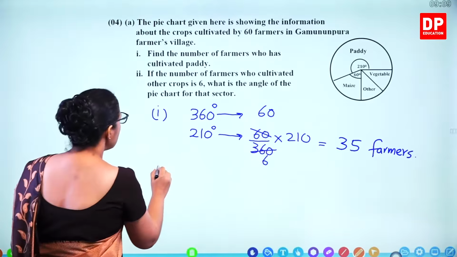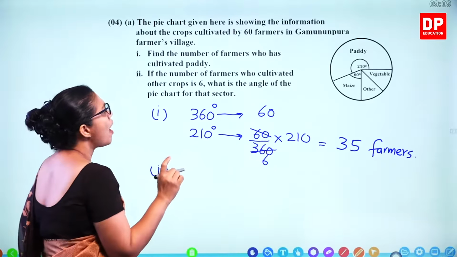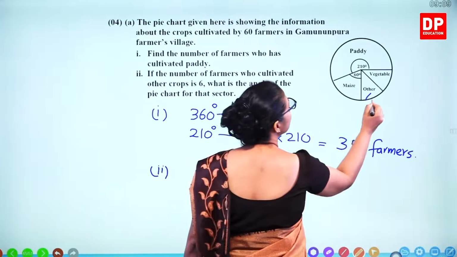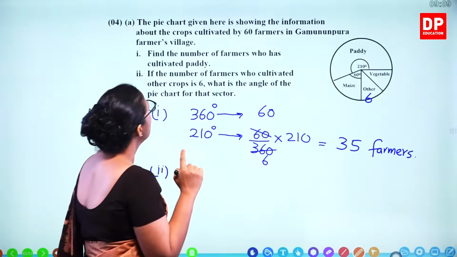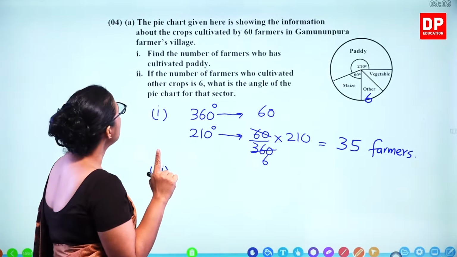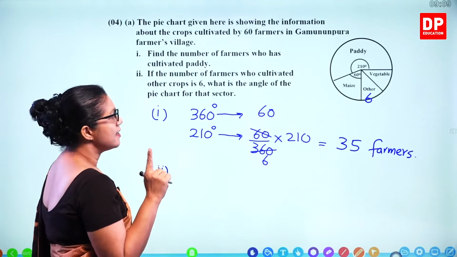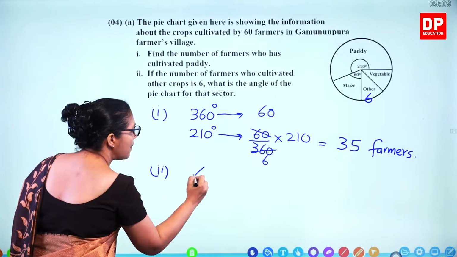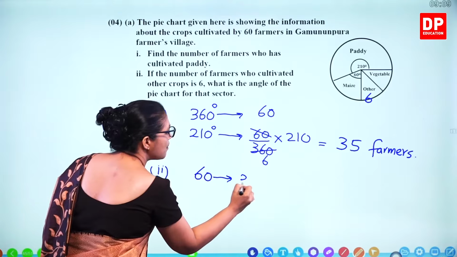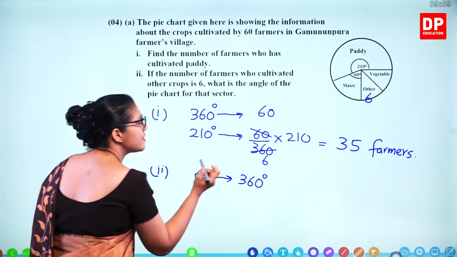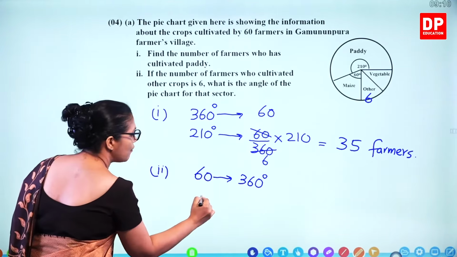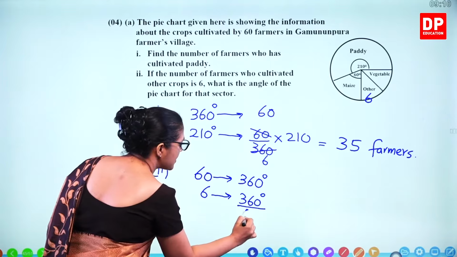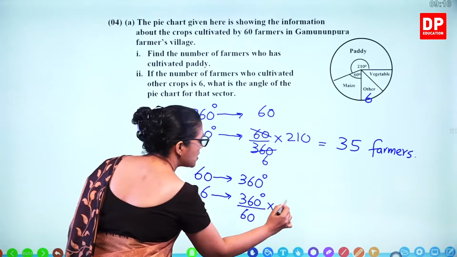Then the next part, it says, if the number of farmers who cultivated other crops is 6, what is the angle of the pie chart for that sector? So we have to do it the other way around. So we know 60 farmers means the full circle, 360. We need the angle for 6. So 360 divided by 60 times 6.